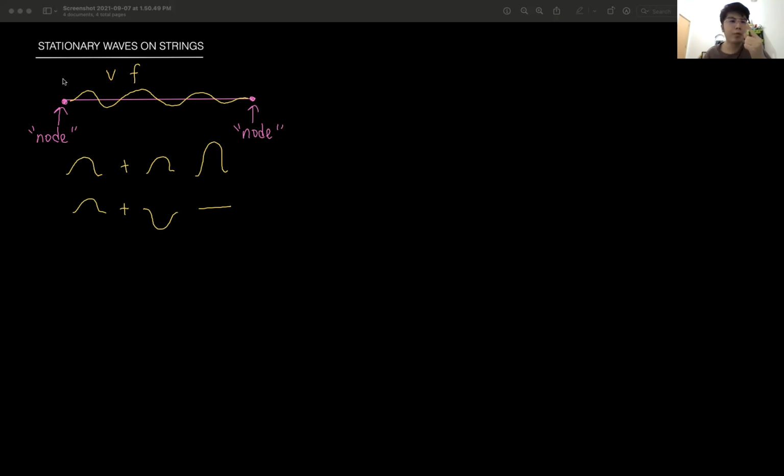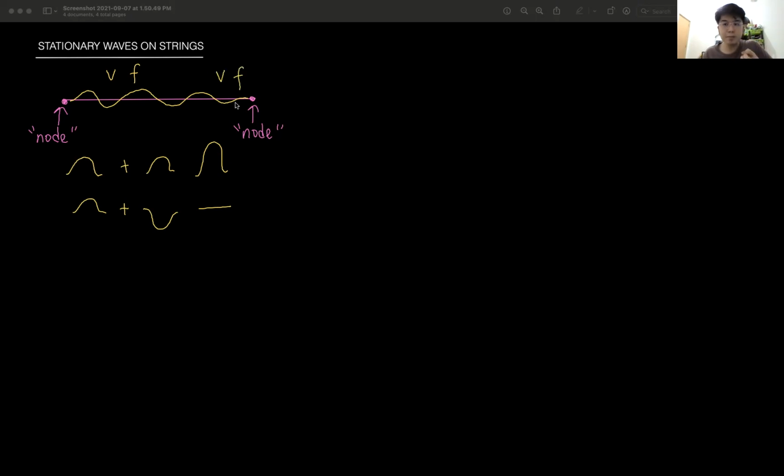Which two? First one is the one that you create. Second one is the reflection of the original wave. Because the wave is reflected, and it comes from the original wave, it has the same speed and the same frequency.